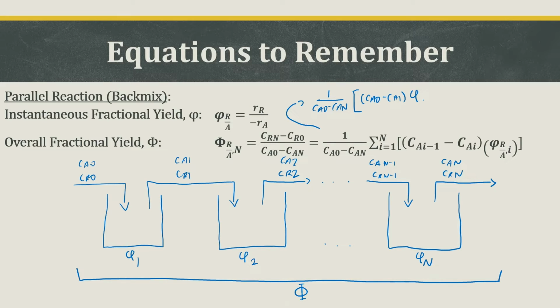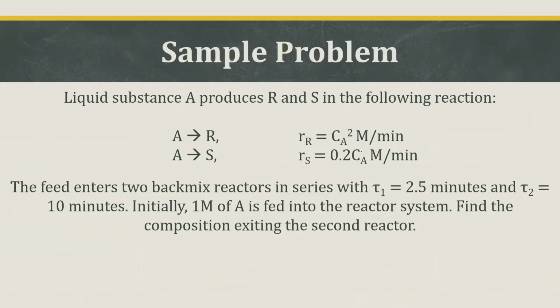So I'll just shorten that to phi of 1, plus CA1 minus CA2 phi of 2, plus until CAN minus 1, the final reactor, minus CAN phi of n. Okay. So we will use these equations later when dealing with the problem. So now let's move to the problem.